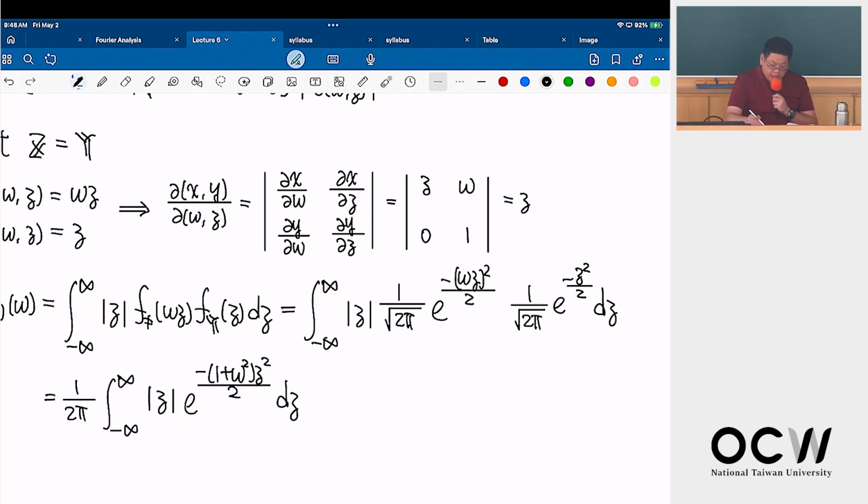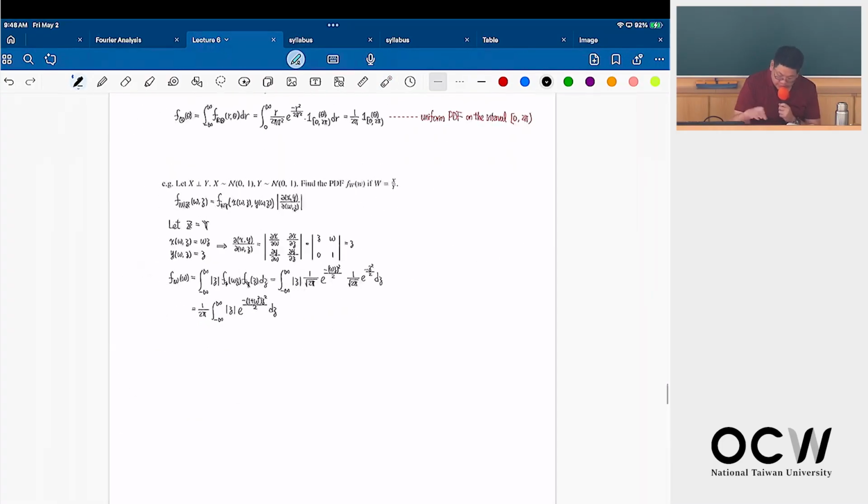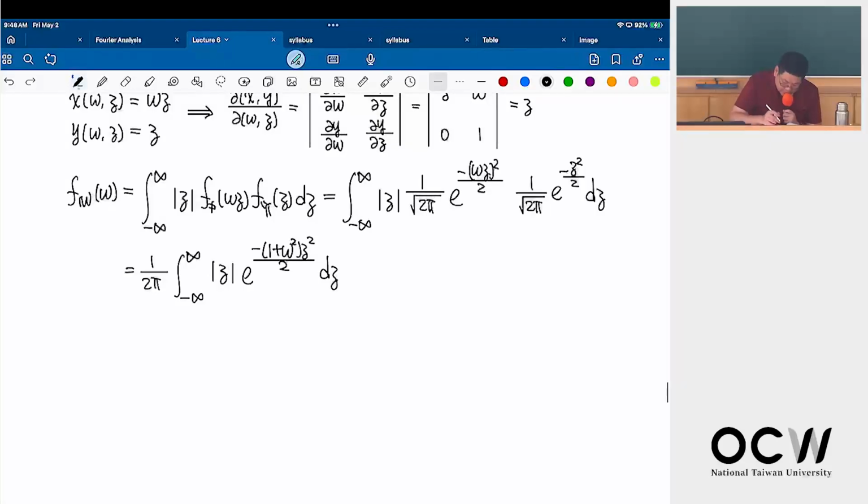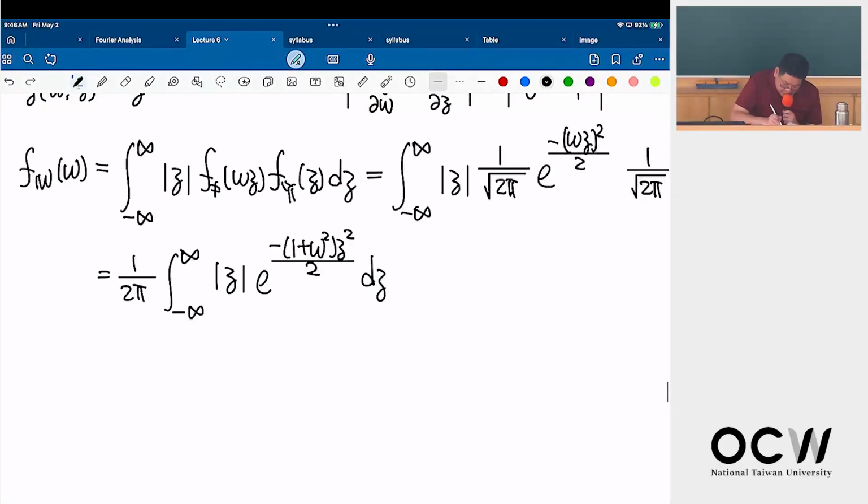And now I have two parts because I want to take the absolute value out. So I will do the integration from 0 to infinity and also from minus infinity to 0. So here I have 1 over 2 pi. First, let's see the integration from 0 to infinity.